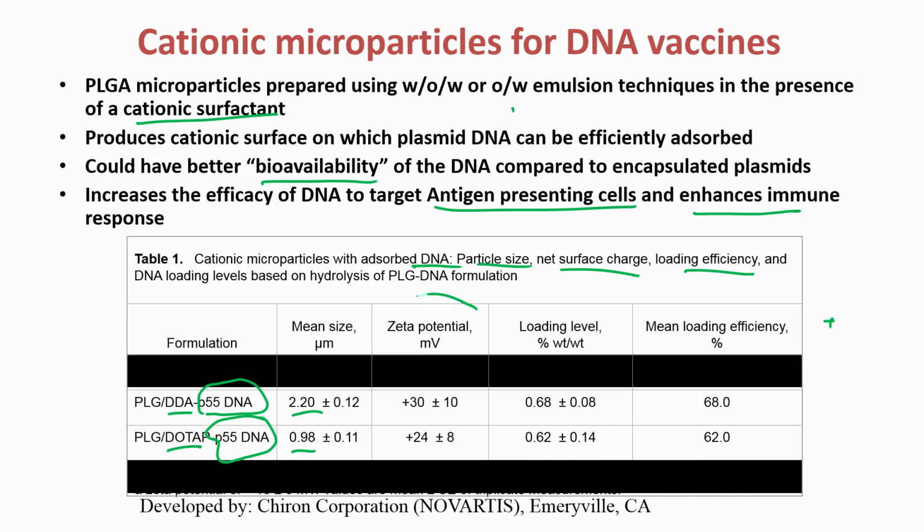You can run a technique called zeta potential, which measures the surface charge of the particle, and you see that, because of the presence of these cationic surfactants, you do get a fairly high millivolt surface charge. Then you can load the DNA, and you find you can load quite a bit of it, about 0.68% DNA on the surface, with fairly high loading efficiency as well. So these systems can then be used to enhance DNA vaccines.